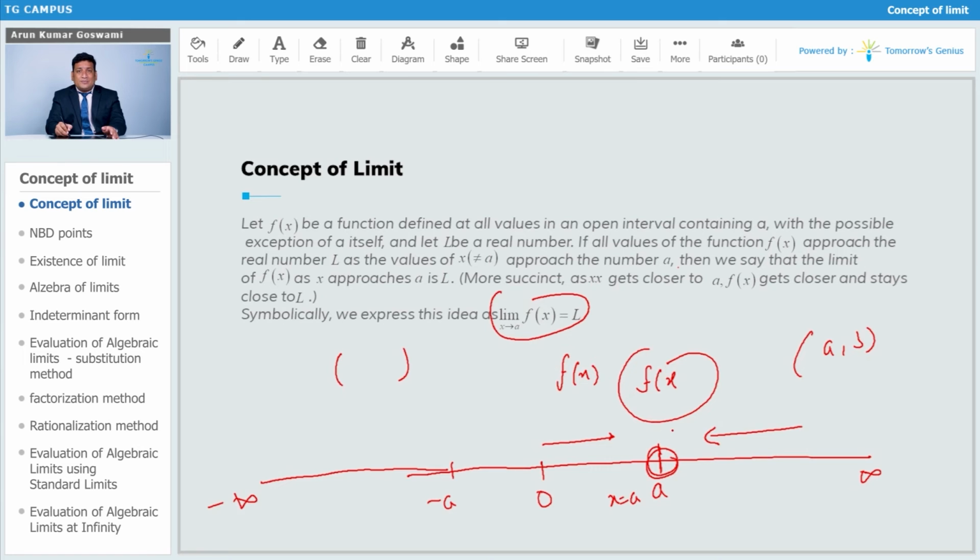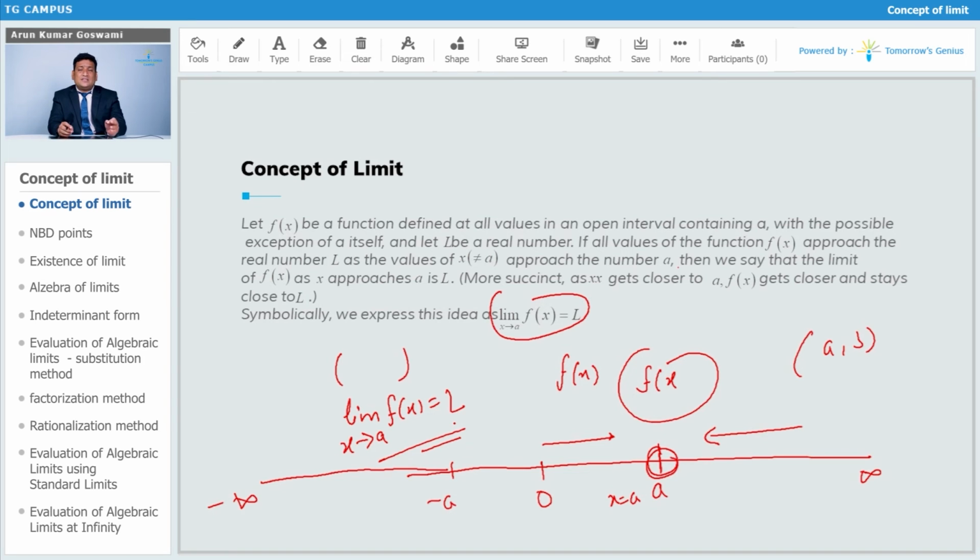Okay, so in that case, when it is approaching from both sides and we are getting the same limits, my function will give us some real number, some finite value.